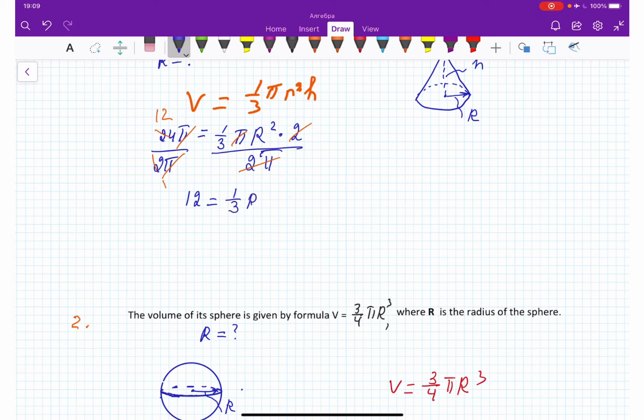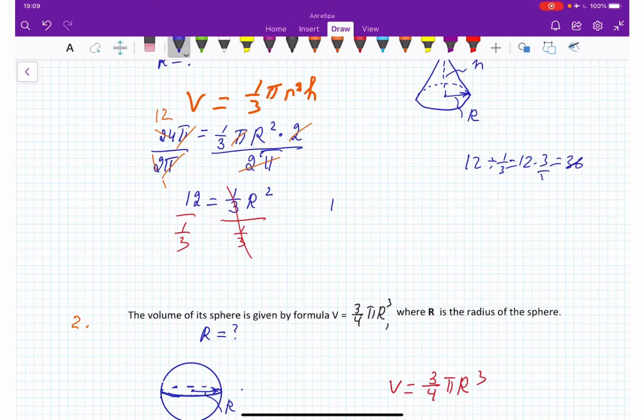1/3 of r squared. And now we need to divide by the 1/3, right? Divide this by 1/3. Divide this by 1/3. And we are getting, this is gone. And 12 divided by 1/3 is going to be 12 times 3, 36.